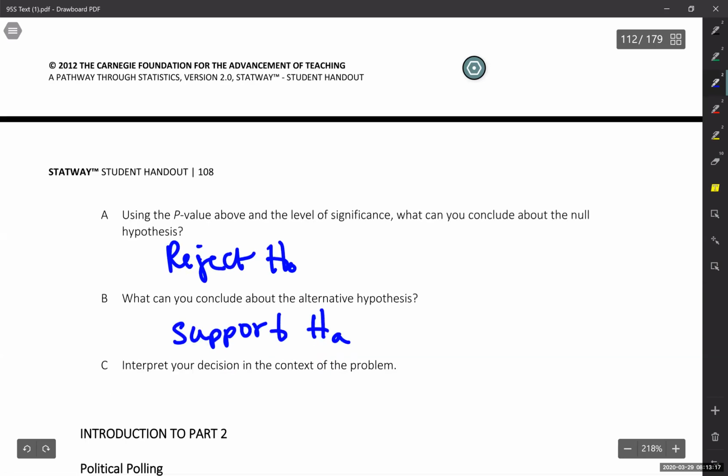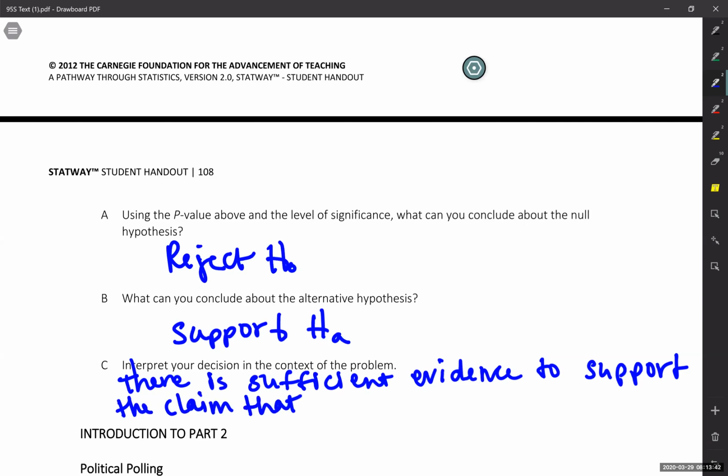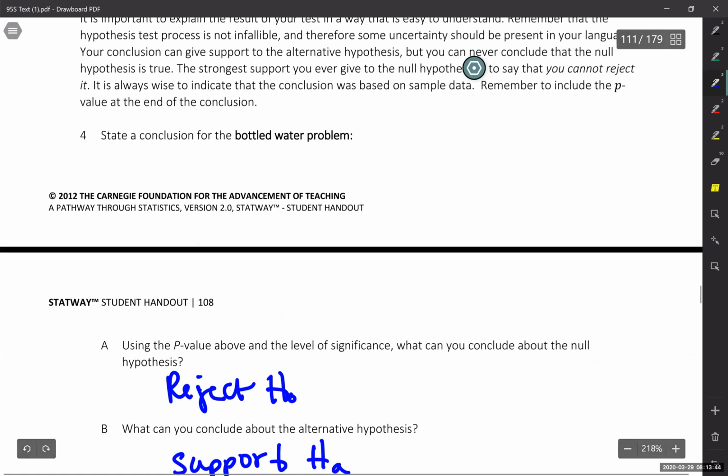So the conclusion is there is sufficient evidence to support the claim that, and what was our alternative?